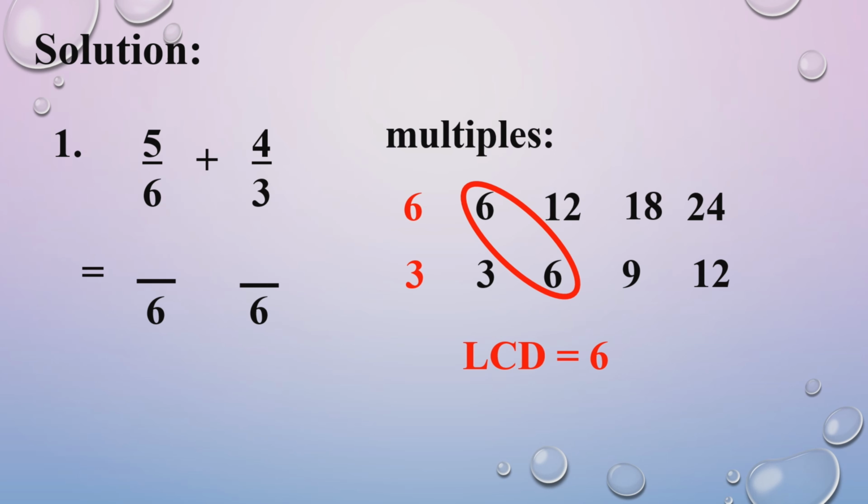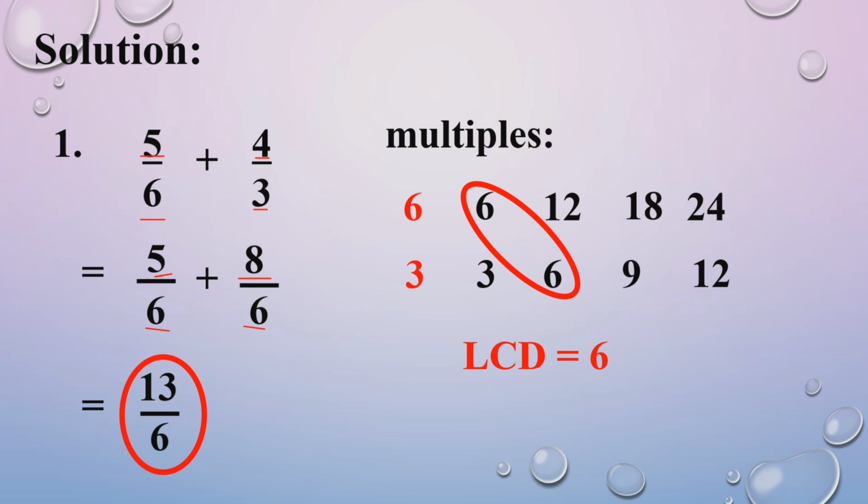Now let us divide. 6 divided by 6, that is 1 times 5, 5. Then plus 6 divided by 3 is 2 times 4, that is 8. Then let us add. 5 plus 8, that is 13 over 6.